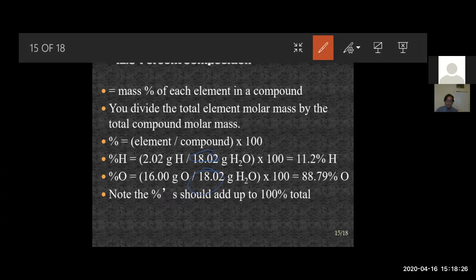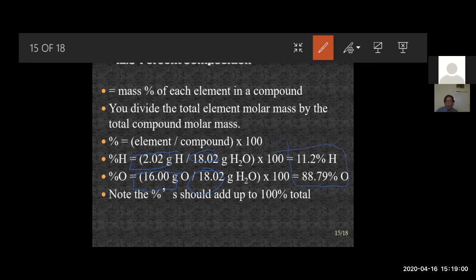Okay, which I circled here. There's 2 hydrogens, and each hydrogen brought a total of 2.02 grams. And there's 1 oxygen, and that weighed 16.00 grams. And so if we now take what each atom brings to the molecule divided by the whole molar mass times 100, we end up with the percent composition of that molecule.